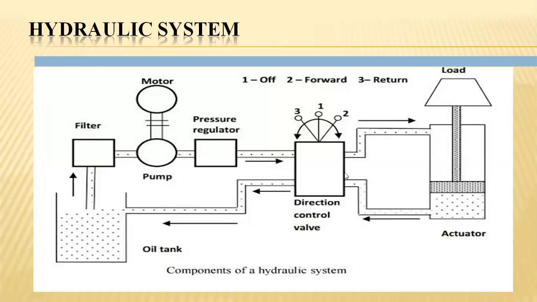So the only change occurs here, and for the rest of the part, before the fluid enters the direction control valve, we call this the input system. DCV is the common shortcut name for directional control valve. After the fluid leaves the DCV, this is called the output of the system.